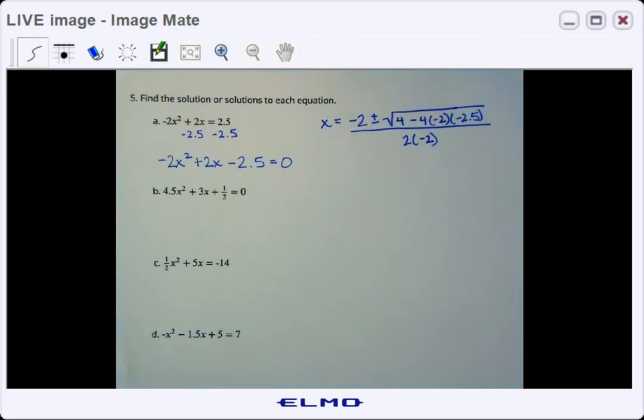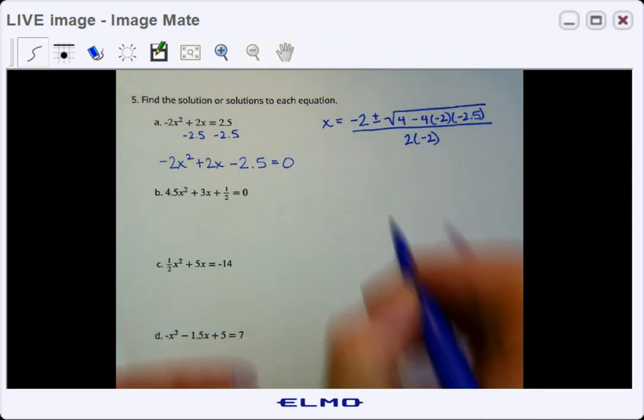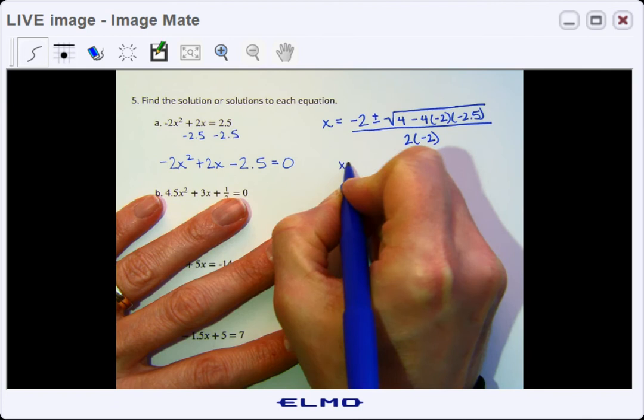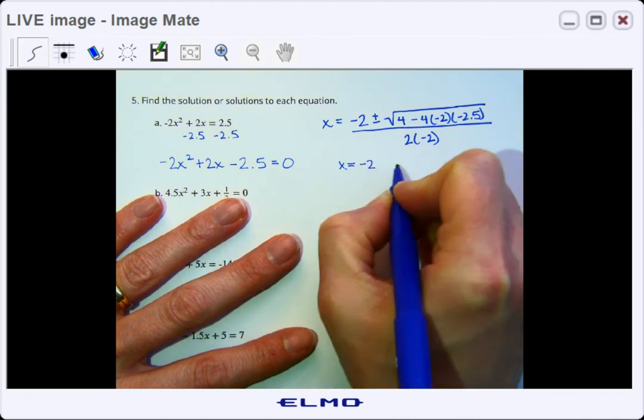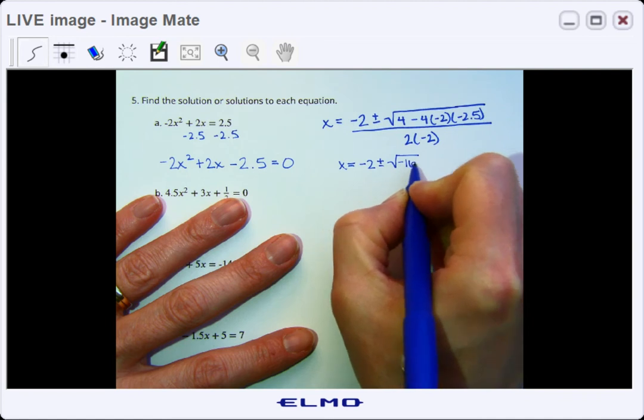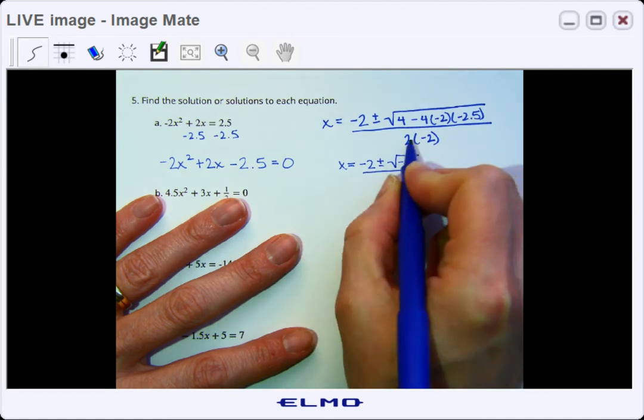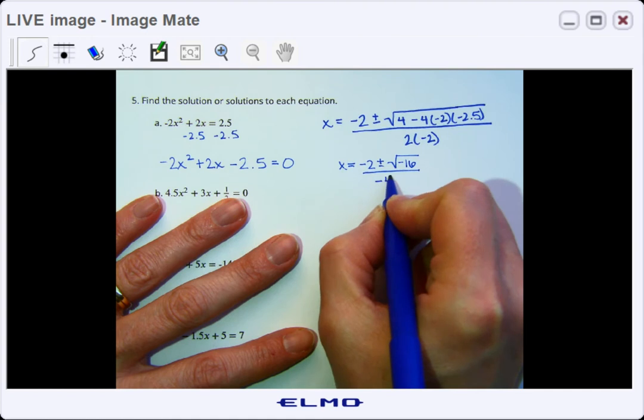Okay, and so I'll use my calculator to find the number under the square root, called the discriminant. 4 minus 4 times negative 2 times negative 2.5 is equal to negative 16. So I have x equals negative 2 plus or minus the square root of negative 16, over negative 4.